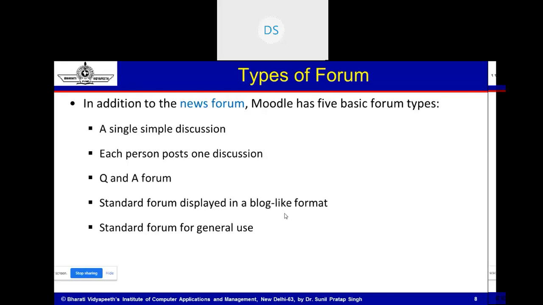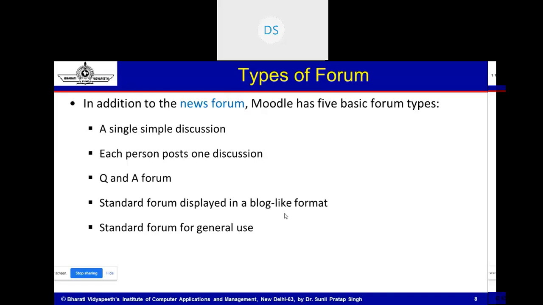And in the Q&A forum, the student must first post their perspective before viewing the others' posts. It is best used when you have a particular question that you wish to have answered. In a question and answer forum, teachers post the question and a student will respond with possible answers.